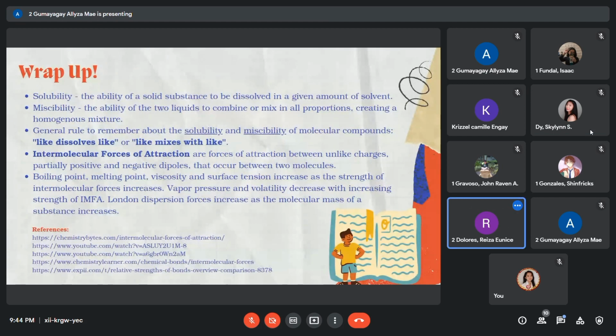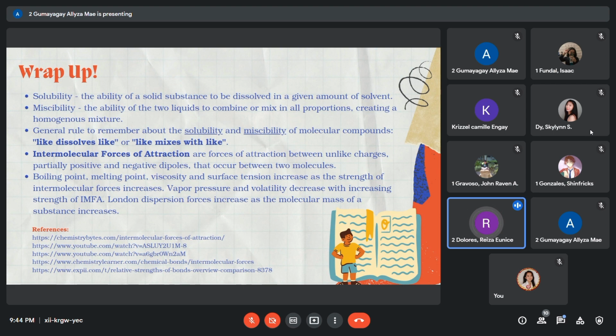Thank you. Wrap up. Solubility, the ability of a solid substance to be dissolved in a given amount of solvent. Miscibility, the ability of two liquids to combine or mix in all proportions, creating a homogeneous mixture. General rule to remember about solubility and miscibility of molecular compounds: like dissolves like or like mixes with like.